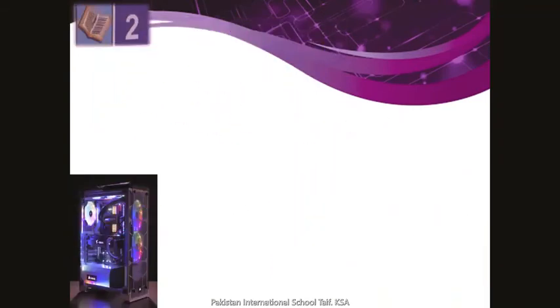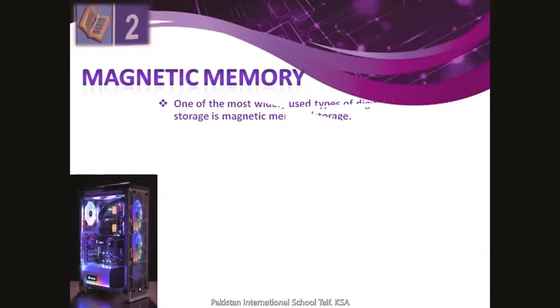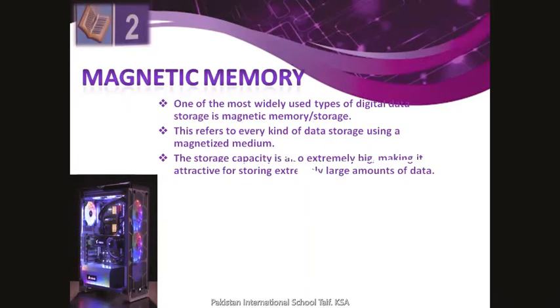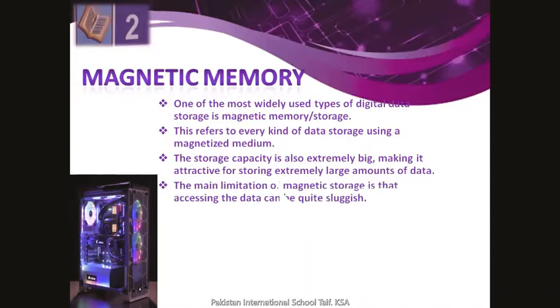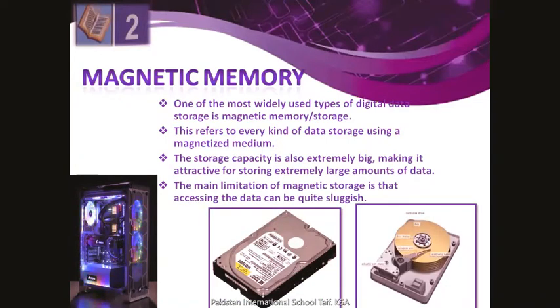So dear students, in the previous lecture, we discussed the types of memories and chip memory. Today we will continue with the second type of memory, that is magnetic memory. Magnetic memory is basically used to hold data, and one of the most widely used types of digital data storage is magnetic memory storage.